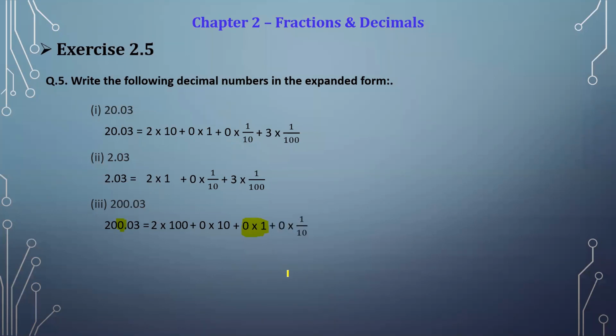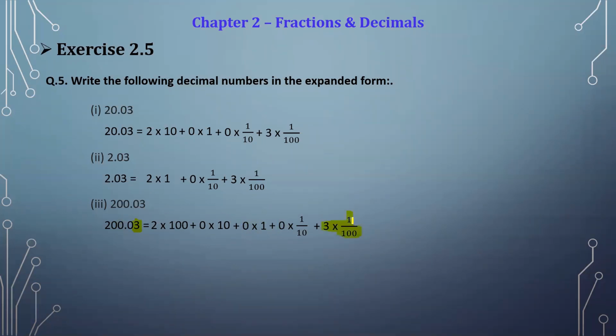Then plus, the remaining part is going to remain as it is, as in the first and second examples. 0 is present at 10th place, so we are multiplying it by 1 upon 10. 0 into 1 upon 10, plus the last digit is 3, which is present at 100th position, so it is taken as 3 into 1 upon 100.